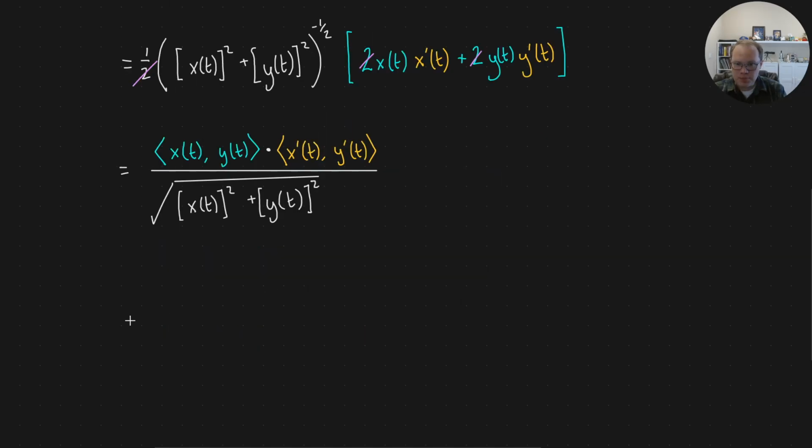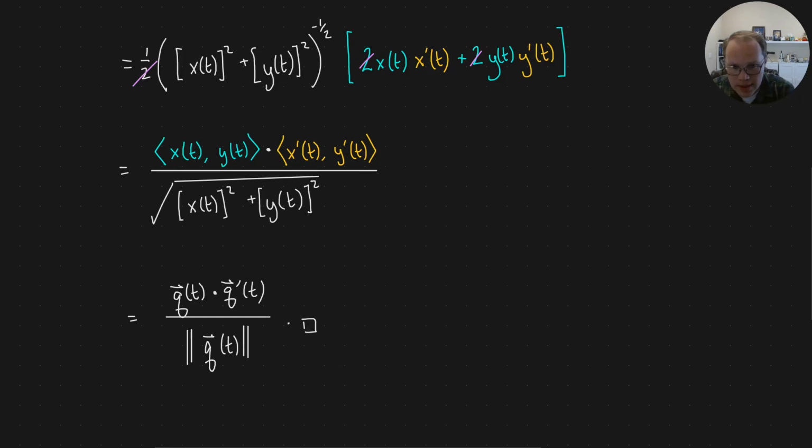Okay, and now just plug in what everything is. X of t, y of t, well, that was just the original function, q of t. X prime of t, y prime of t, that's the derivative of q. And square root of x squared plus y squared, that's the norm of q. Which is our result.